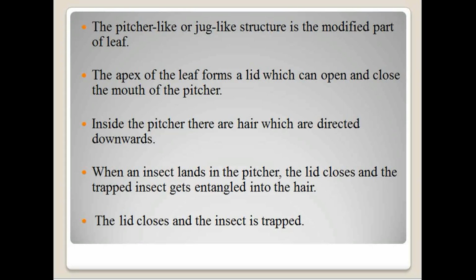The apex of the leaf forms a lid which can open and close the mouth of the pitcher. Inside the pitcher there are hairs which are directed downwards. When an insect lands in the pitcher, the lid closes and the trapped insect gets entangled in the hair.